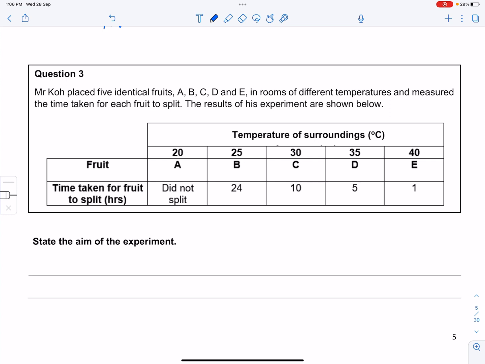Temperature. And what was being changed? Your temperature. So your temperature will be your CV, and what you are measuring will be the time that it takes to split. Okay? So your time taken to split would be your measured variable, something that you cannot control. Depends. Okay?